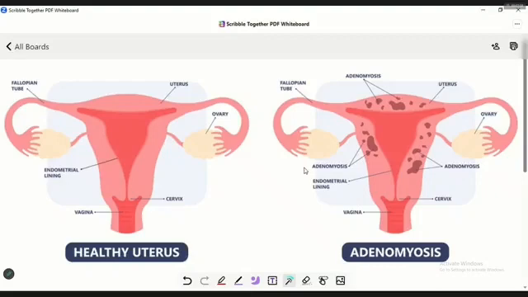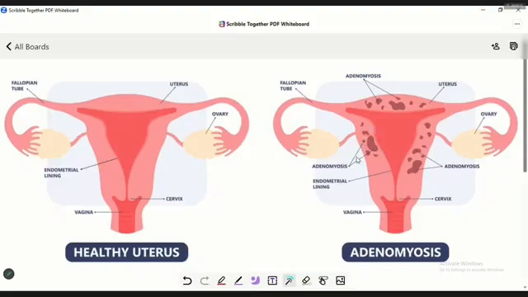So imagine you have this tissue growing in an area that it's not supposed to grow. It would enlarge, it would bleed, it would break down, just like the tissue in the womb. Now think about what would happen when that happens. So once you have this gland forming, you're going to get some deformities. You're going to get protrusion into the womb because it is swelling and expanding.